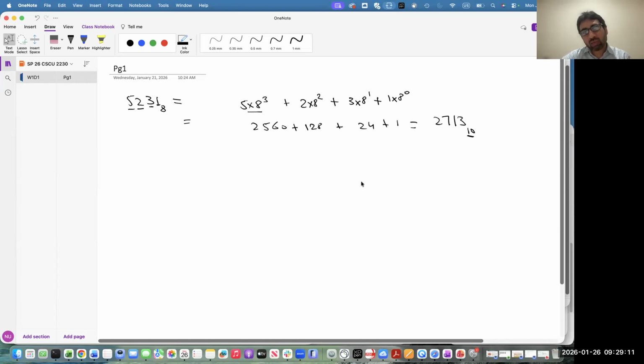When converting from binary to decimal, the base of binary is 2, so we always multiply with increasing powers of 2: 2 raised to power 0, 2 raised to power 1, 2 raised to power 2, 2 raised to power 3, as we move from right to left. Similarly, when converting from hexadecimal to decimal, the base of hexadecimal is 16, so we always multiply digits with increasing powers of 16.